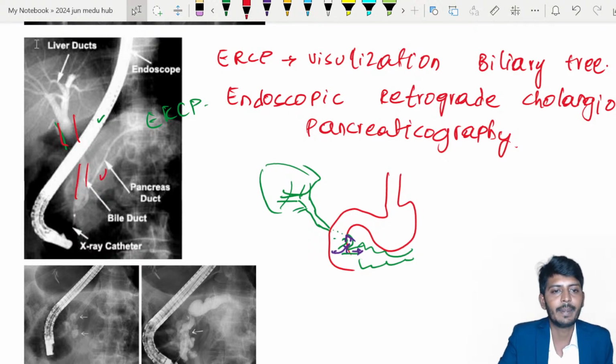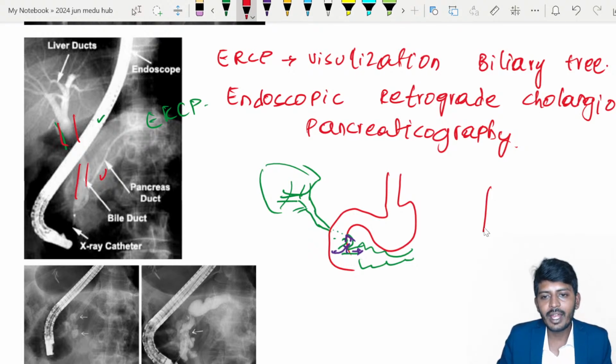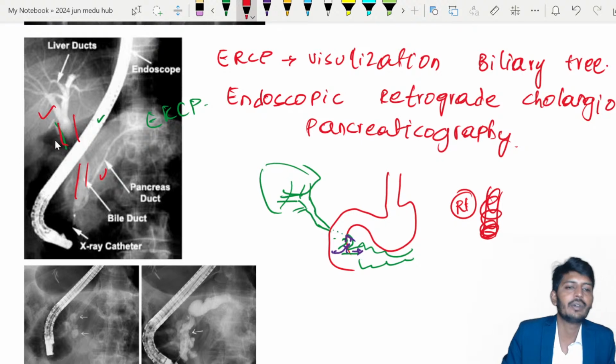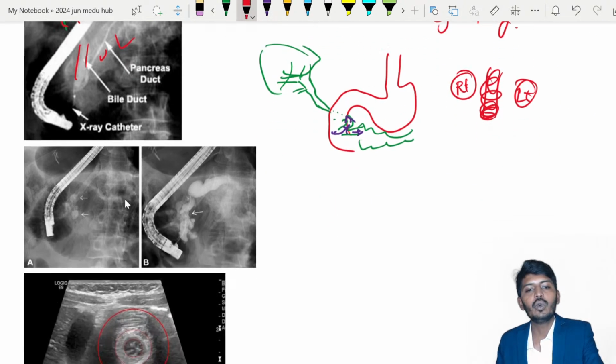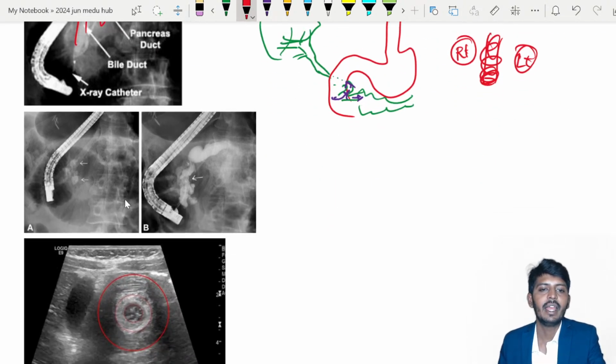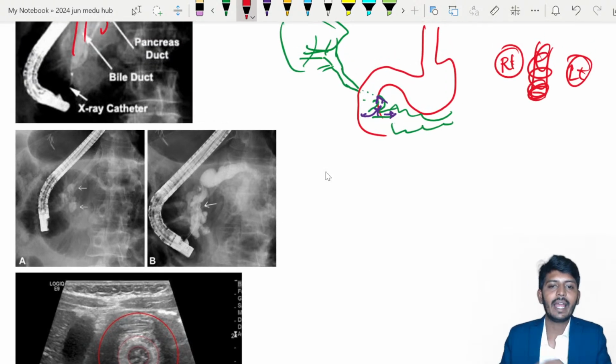In ERCP you always remember as a technique: wherever the endoscope is, anything on the right side of the endoscope is usually your hepatic ducts and the very important common bile duct. And my dear students, anything on the left side is usually the pancreatic duct.